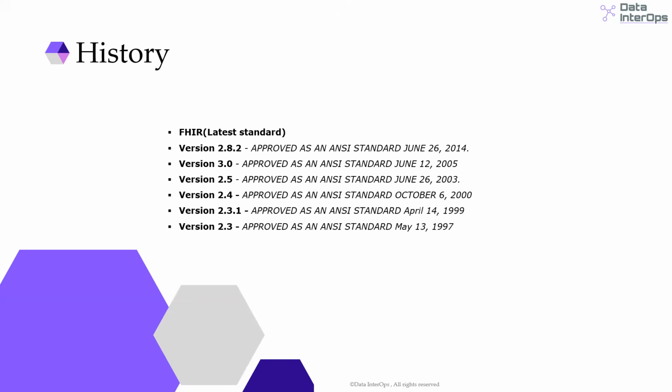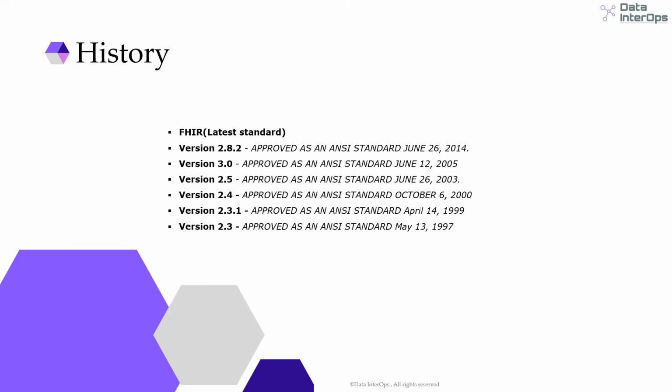Next, let us talk a little about the history of HL7. As I said, in the late 1980s HL7 started to solve a problem hospitals were facing, because building one interface would take a lot of time if this messaging standard was not there.